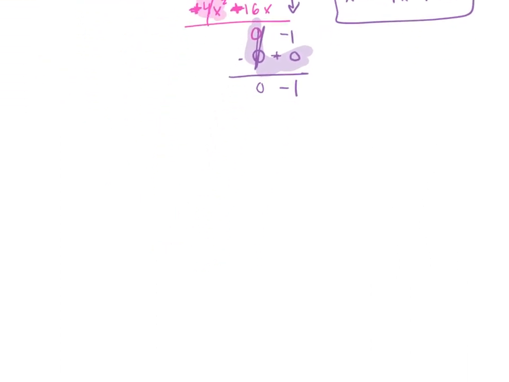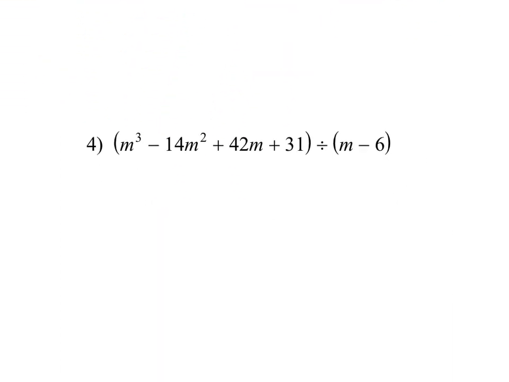All right, let's do number 4. What goes on the outside? M minus 6. I'm going to change them to x's, but it doesn't matter if you want to work with m's, totally fine. Before we write the long one inside the box, we have to make sure all of our terms are there. So we start with cubed, then squared, then just an m, and then no m.